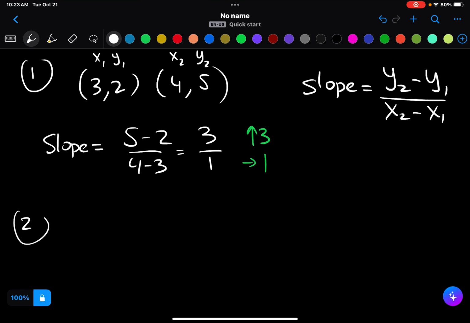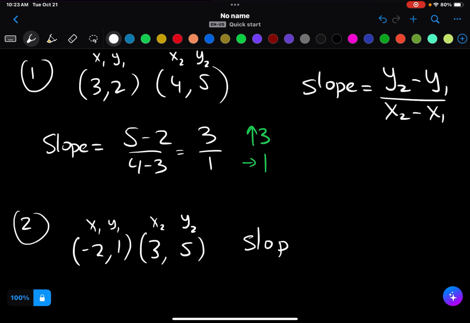For number 2, you have 2 points again. You have (-2, 1) and you have (3, 5). Again, let's label the points: x1, y1, x2, y2. And we're going to plug it into the same formula.